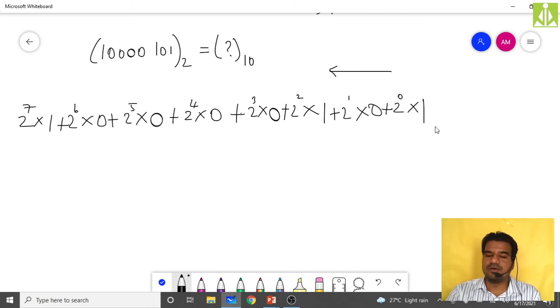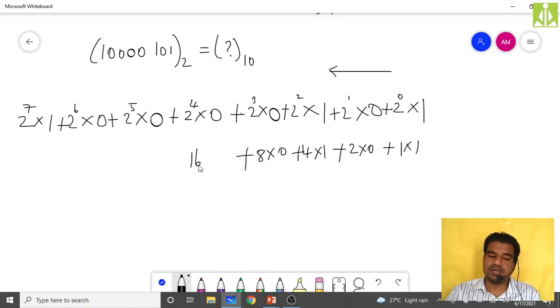Now start evaluating powers. 2 power 0 is 1, multiplied with 1, plus 2 power 1, that is 2, multiplied with 0, plus 2 power 2, 4, multiplied with 1, plus 2 power 3, 8, multiplied with 0, plus 2 power 4, 16, multiplied with 0, plus 2 power 5, 32, multiplied with 0, plus 2 power 6, 64, multiplied with 0, plus 2 power 7, 128, multiplied with 1.